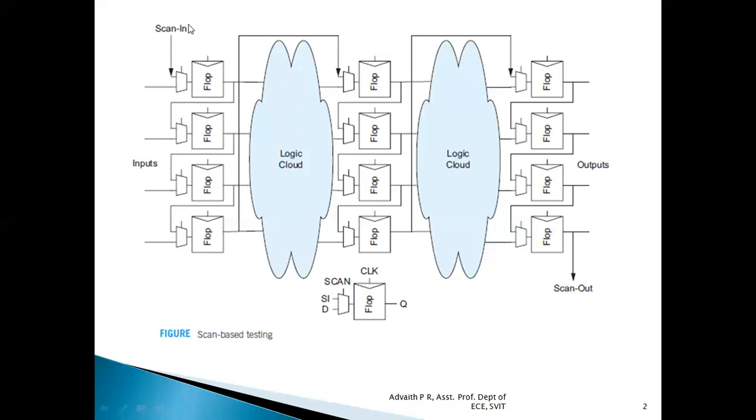We can observe scan in as well as scan out. So by applying clock pulses, n bits of data will be scanned out as well as n bits scanned in. Therefore, this scan mode gives easy observability and controllability of every register in the system.